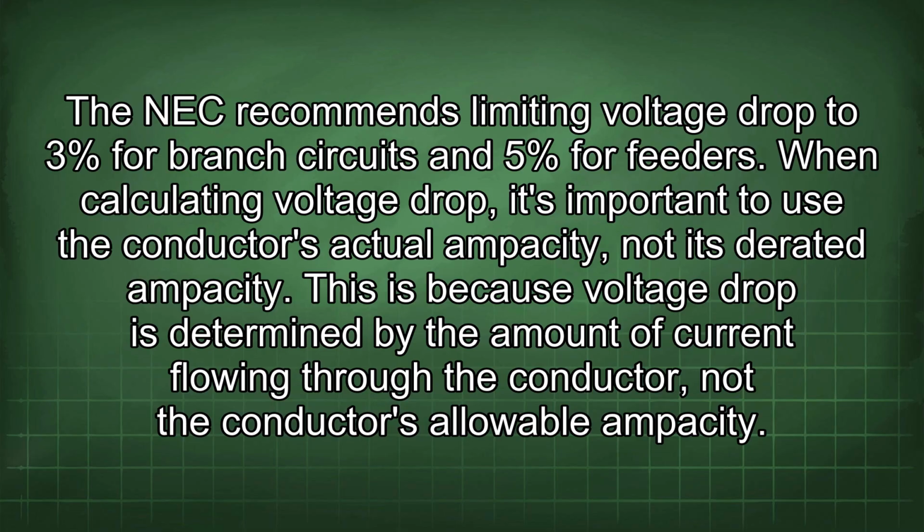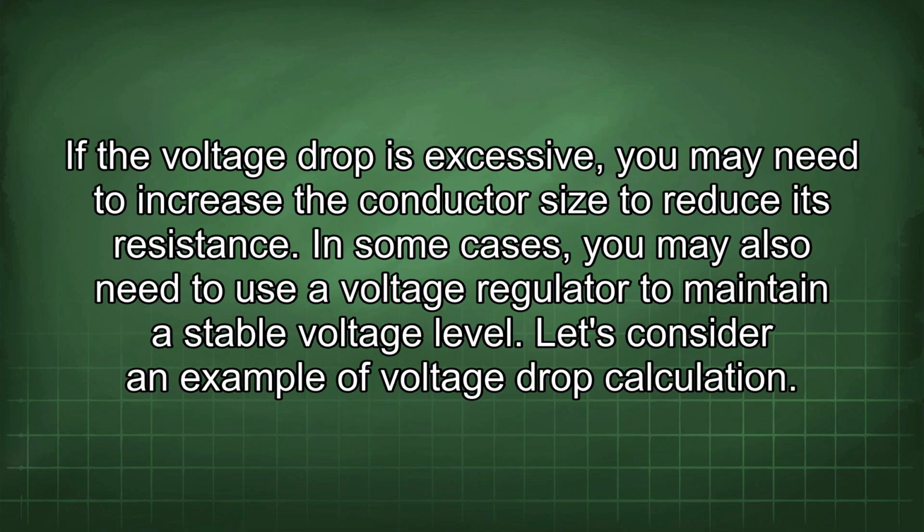When calculating voltage drop, it's important to use the conductor's actual ampacity, not its derated ampacity. This is because voltage drop is determined by the amount of current flowing through the conductor, not the conductor's allowable ampacity. If the voltage drop is excessive, you may need to increase the conductor size to reduce its resistance. In some cases, you may also need to use a voltage regulator to maintain a stable voltage level.